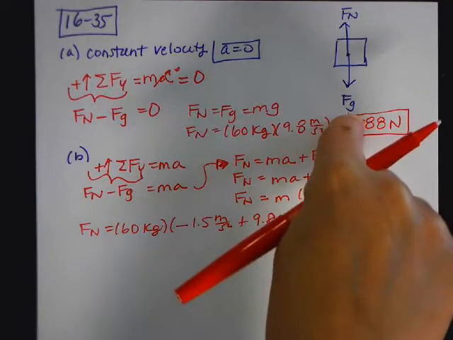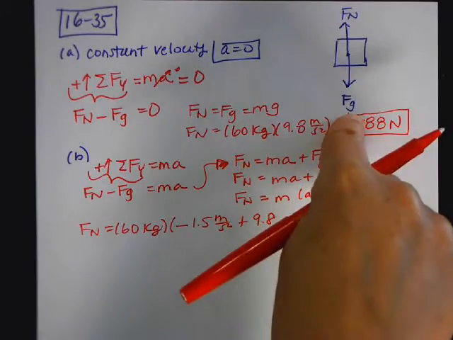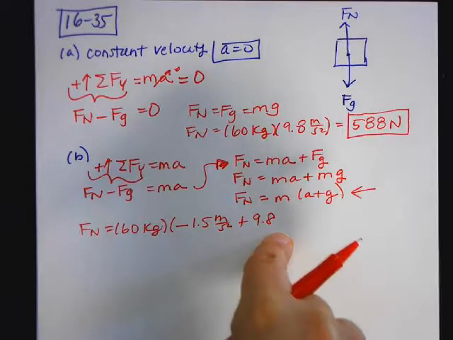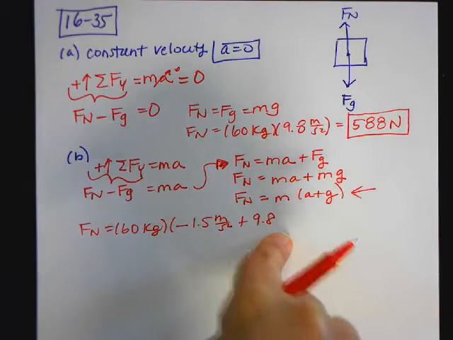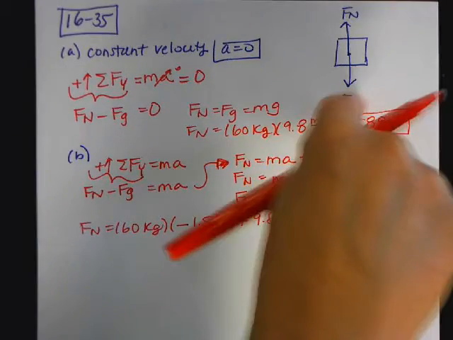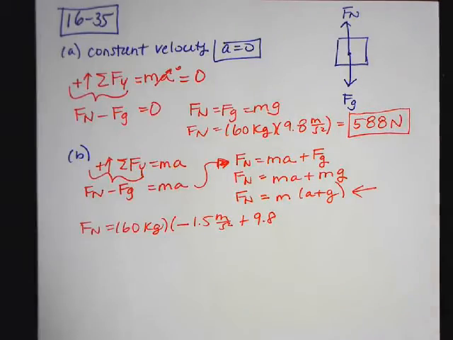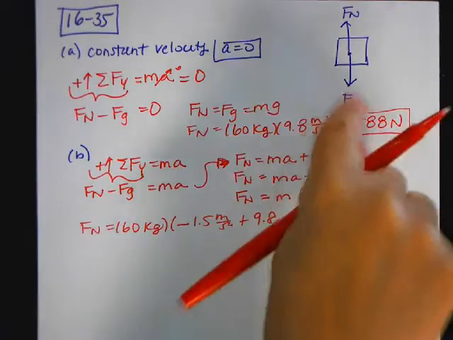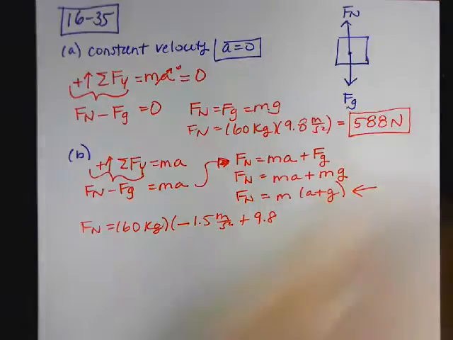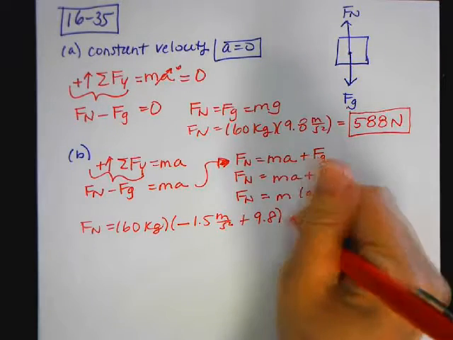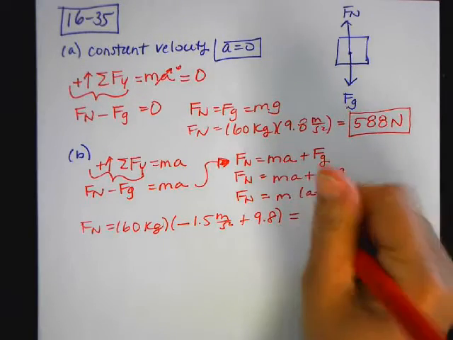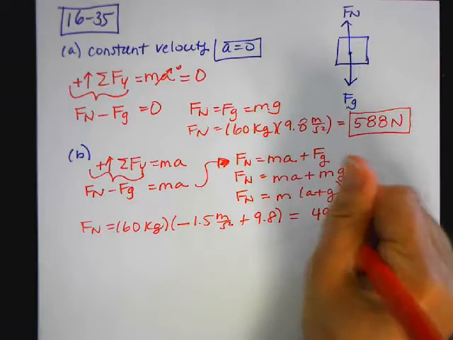So I've already taken that negative into consideration by having that force go down. I'm not going to put it negative again, because then I would be doing a double negative. Once I put the sign, the direction, into consideration, I do not do it again. It's already into consideration here when I made this negative. So when I do this, it comes out to be 498 newtons.